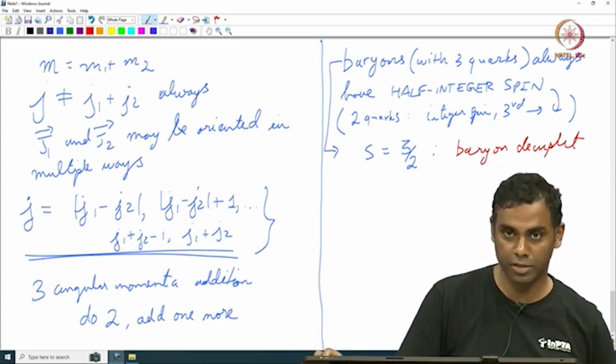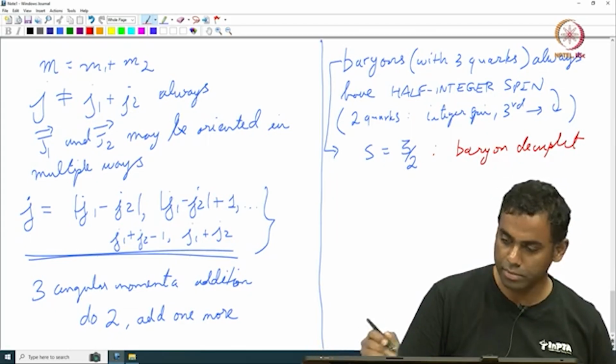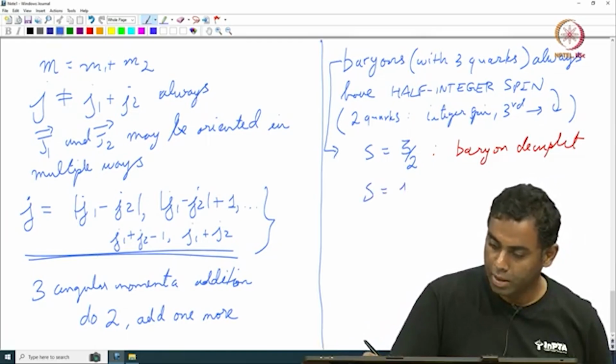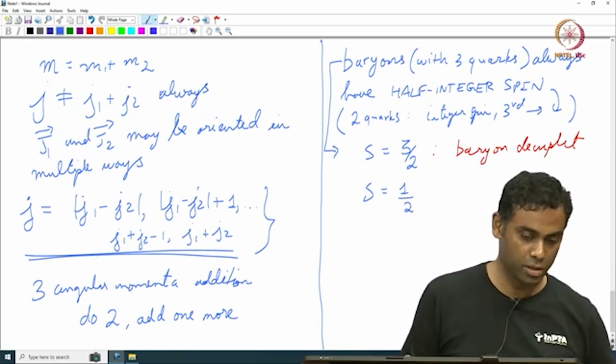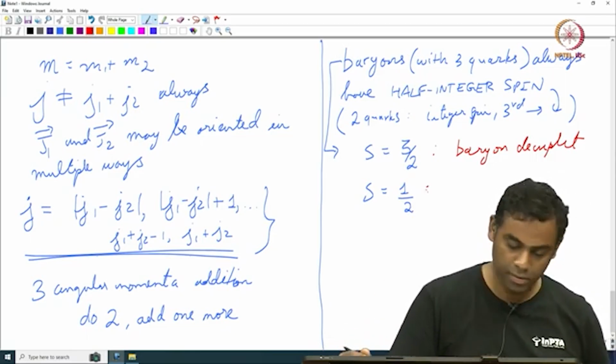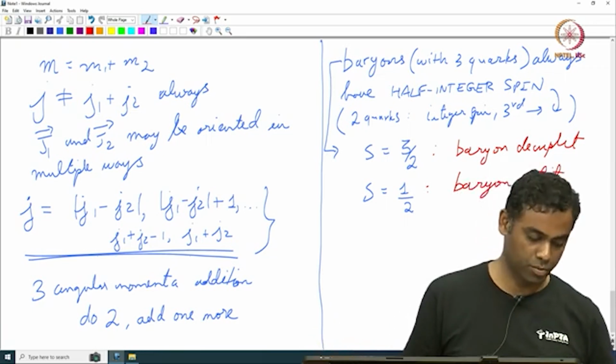In any case, it is in Griffiths as well, Griffiths chapter 1 and chapter 2, right. And then the baryons with total spin half are the ones that go on the baryon octet that we had talked about.